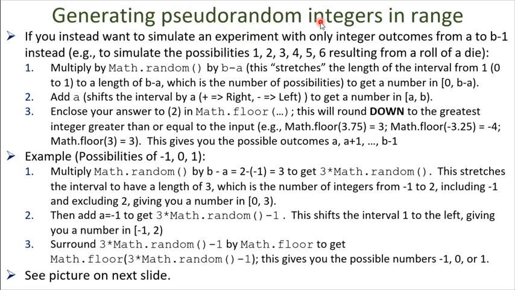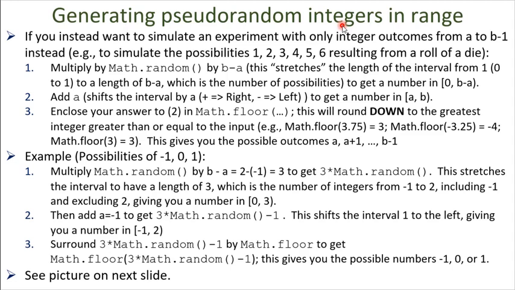Okay, well, what if we wanted to generate pseudo-random integers in the range? Before, we could get any number between 0 and 1, and we changed it to get a number between -1 and 2.